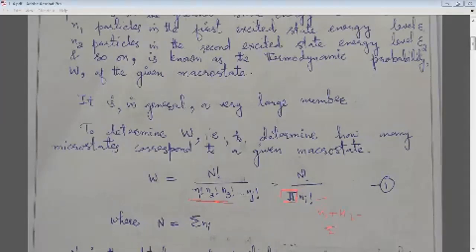Similarly, for multiplication you write the pi symbol. You have to remember this: pi is for the product, and summation is simply for addition. And one more thing you have to remember here: this N is the total number of particles, that means the summation of small ni particles.